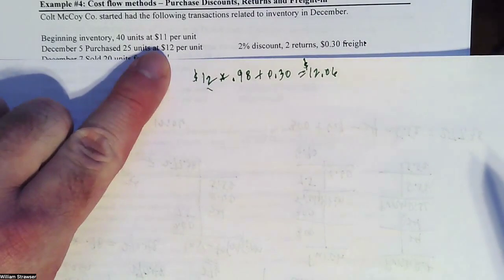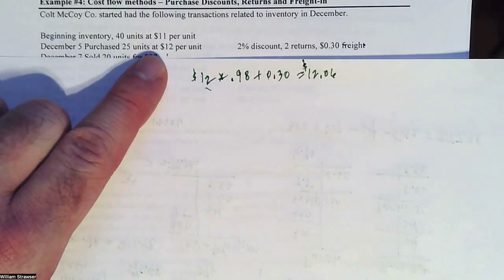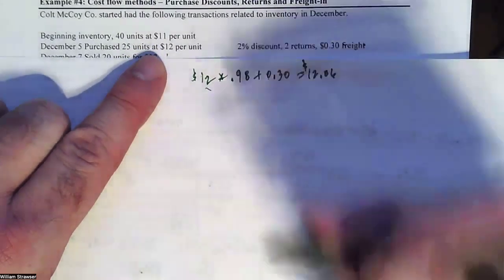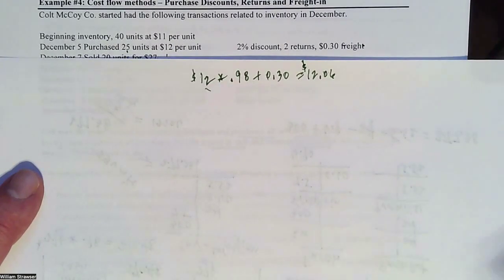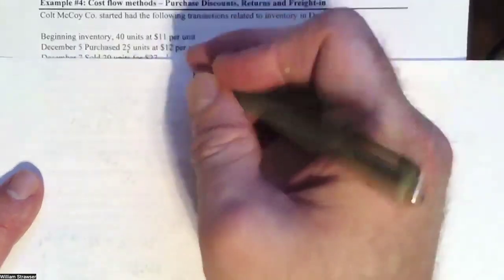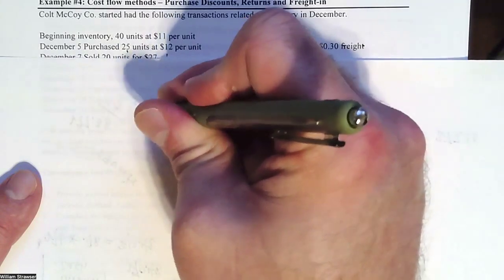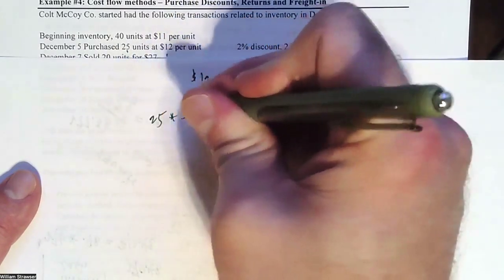Well, 25 times 12 gives me my total price of purchase, my gross purchase price. So if I just take the total units I bought, before returns, not considering returns, at the full price, that's going to give me my purchases amount for every layer.